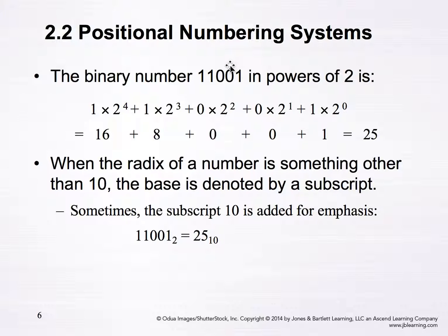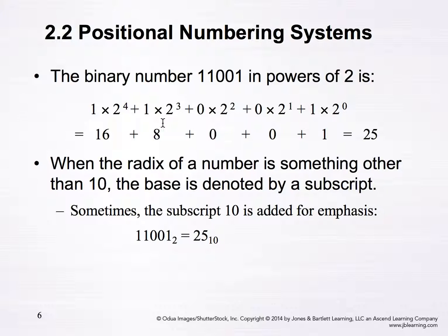The last one has the value 1 times 2 to the power 0, because its index is 0. So you can see that the position or index of the digit is used to calculate the value of the number.